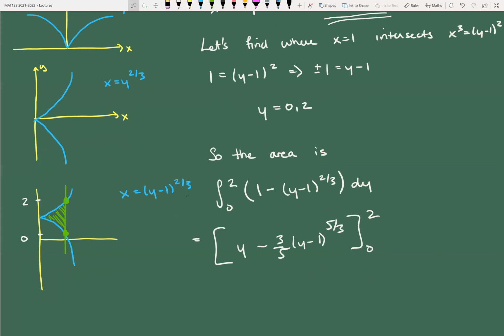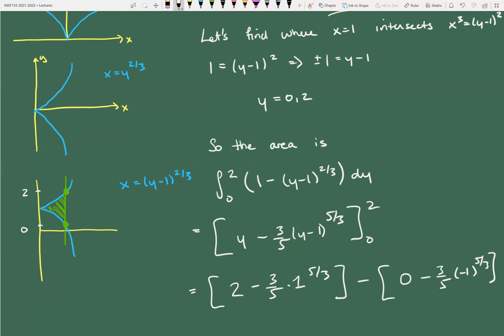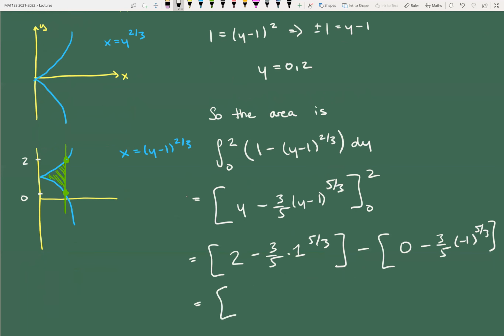When I plug in 0, well, let's plug in 2 first. I'm going to get 2 minus 3/5 times 1 to the 5/3, minus 0 minus 3/5 times negative 1 to the 5/3. Hopefully I get the right answer here.